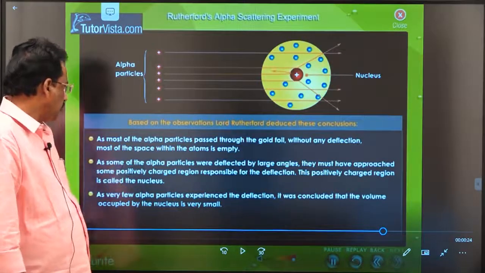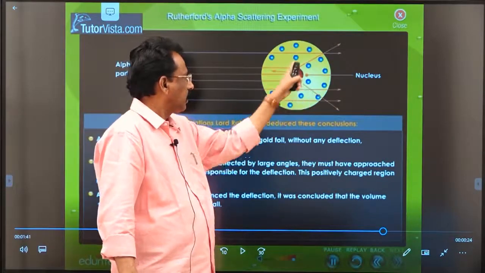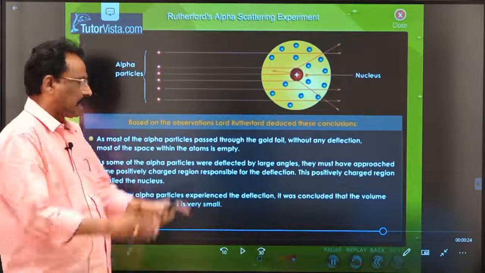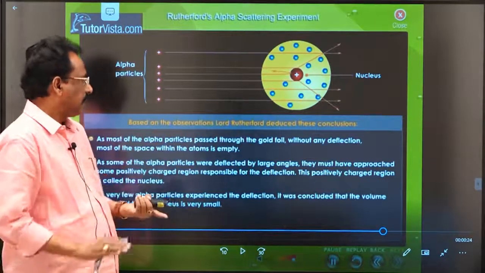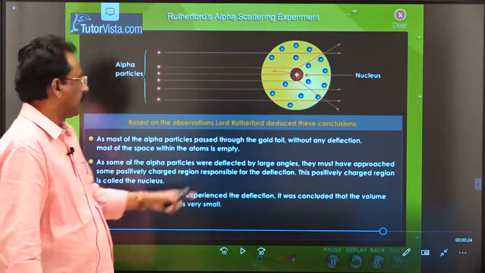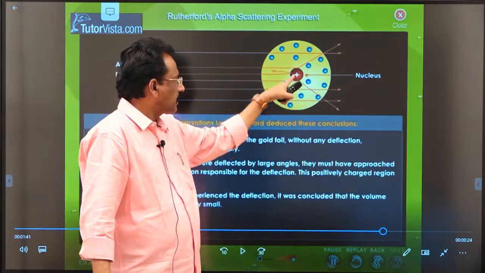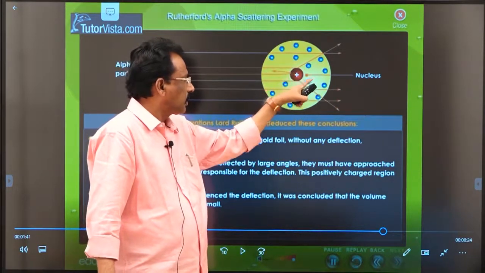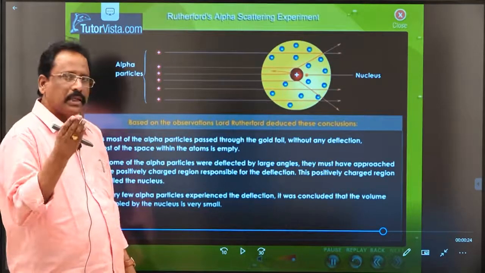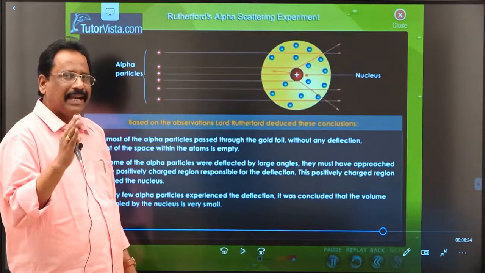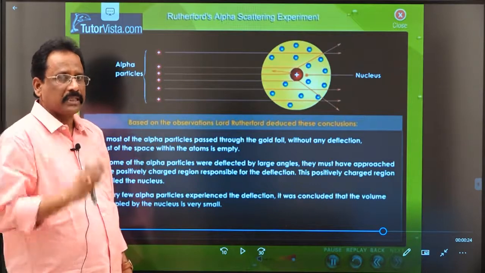The second observation is that very few alpha particles, this one and this one, are scattered at larger angles. This indicates there is a heavy positive charge concentrated at the center of the atom, which he called the nucleus. So the best observation and conclusion in this experiment is that each and every atom has a nucleus.